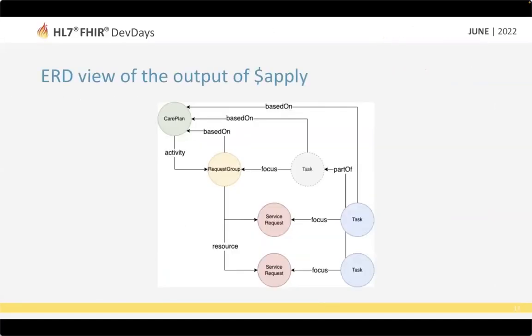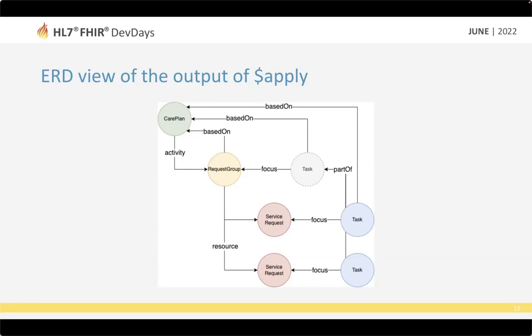Here is another view of the FHIR workflow that we generate as part of the campaign. All these resources are generated as an output of the apply operation on the plan definition for the user. All the requests that are generated are on the left-hand side of this diagram, and all the tasks that are assigned to the user or the provider or whoever, they are the blue tasks that you see on the right-hand side.